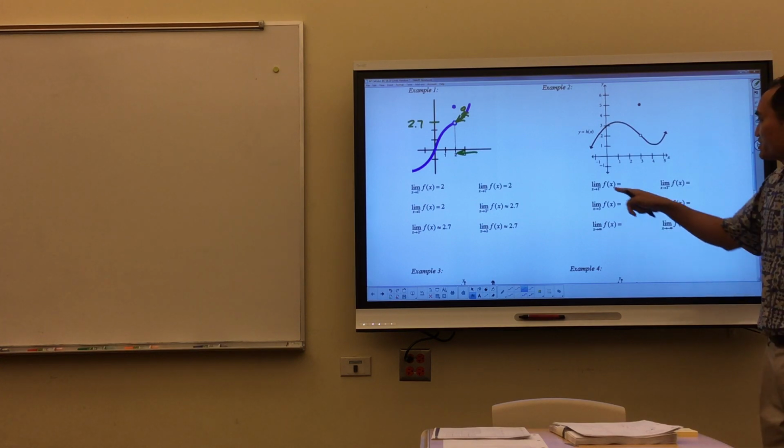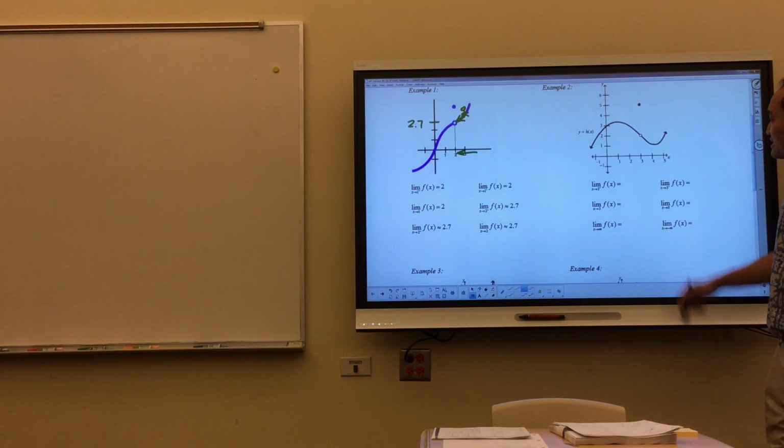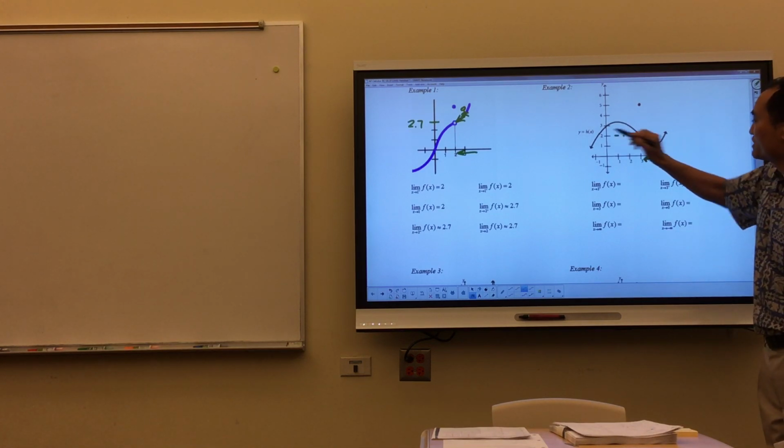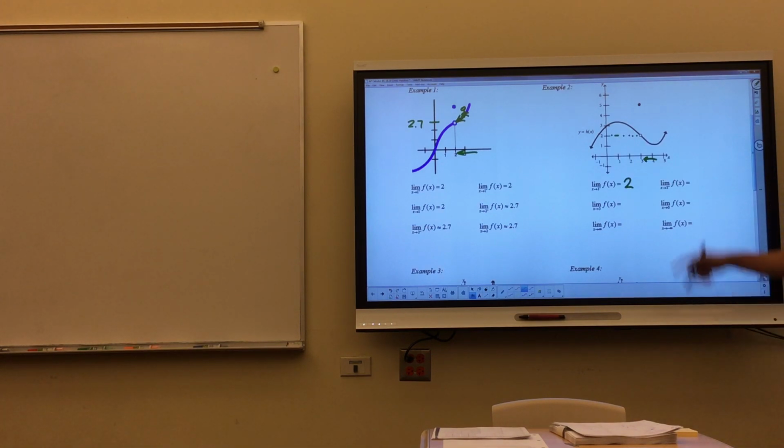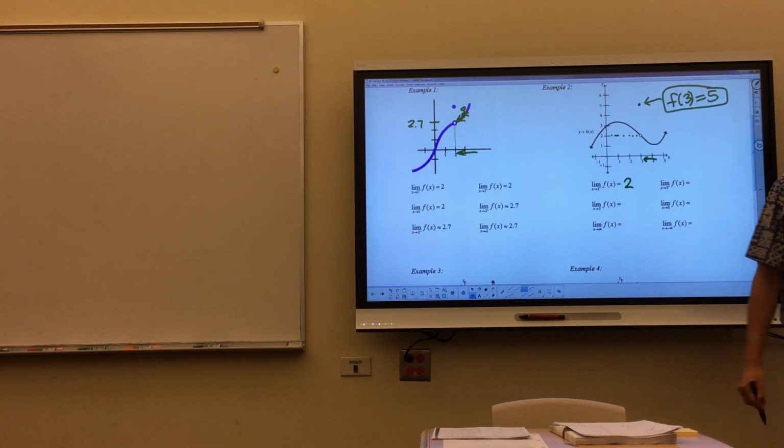All right, so this example 2, as x approaches 3 from the right, this open circle is at 2, so this will be 2. Notice that right here tells us that f of 3 equals 5. What relevance does that have? Nothing.